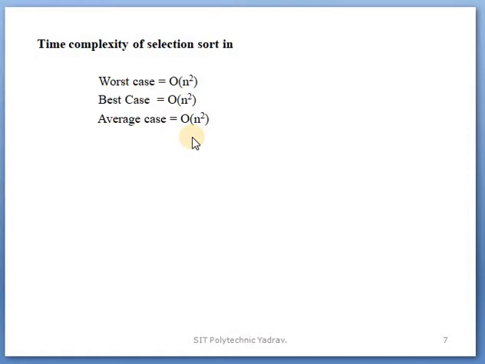That square of comparisons will be obtained, so the time complexity is big O of n square.